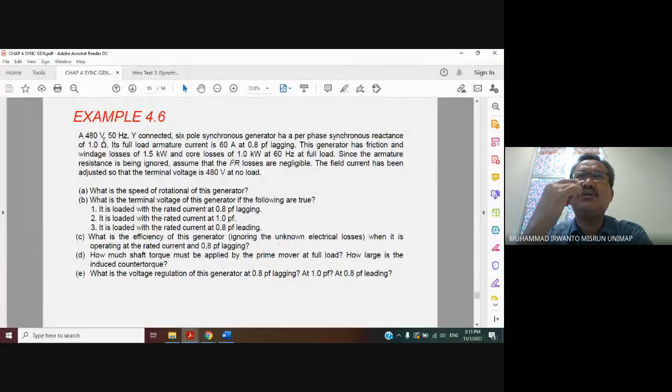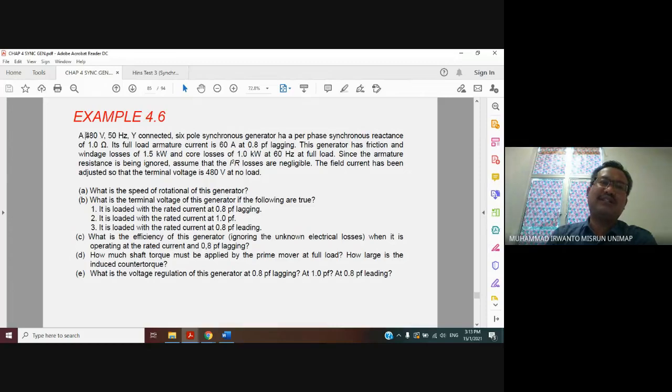For the Y connection, line voltage is equal to square root of 3 times phase voltage. Remember this case. But if the generator is delta connected, line voltage is equal to phase voltage. Remember situations like this.